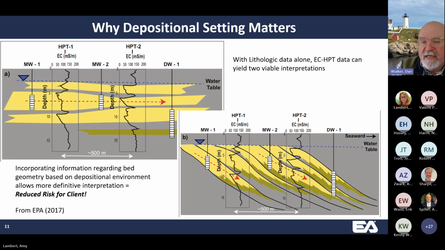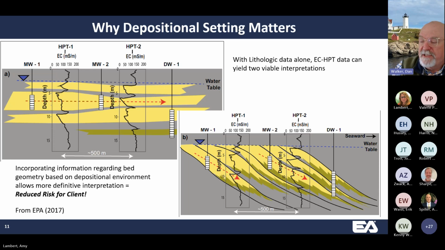But the point here is that if all you have is the typical information that's collected during a remedial investigation, and you don't have some prior understanding of what the geology is and what the types of depositional environments are, for example, is it a stream deposit or a lake deposit, et cetera, you can come up with a non-unique interpretation.